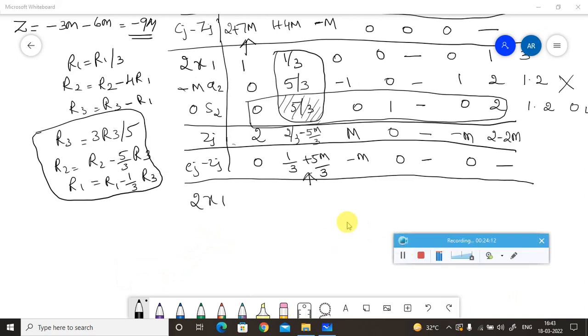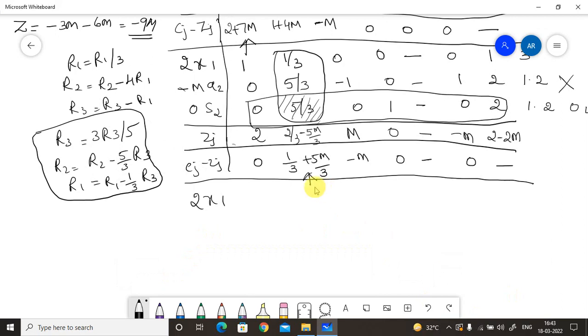So I wrote 2x1, and then the values will be, what will be the values for the first row? R1 minus 1 by 3 into R1.